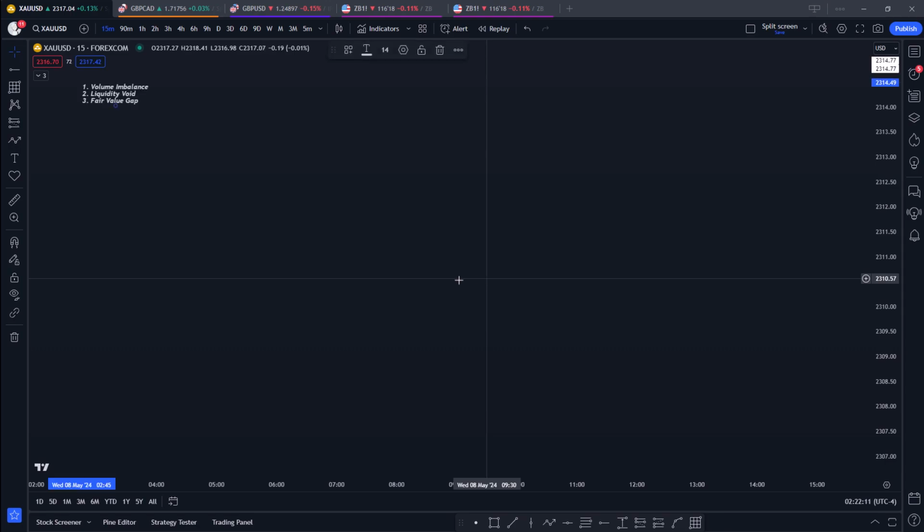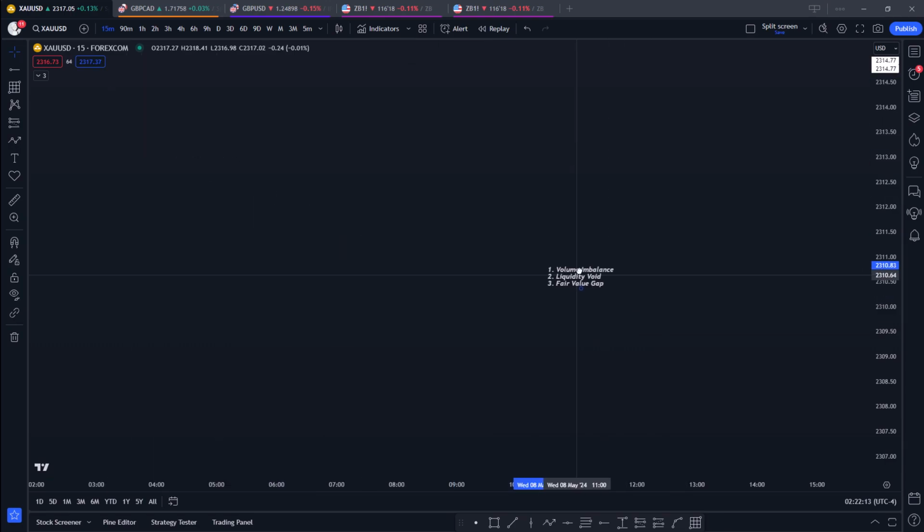So the 3 of them that I'll be looking at are these. The first one is a volume imbalance, second one is a liquidity void, and the third one is a fair value gap.